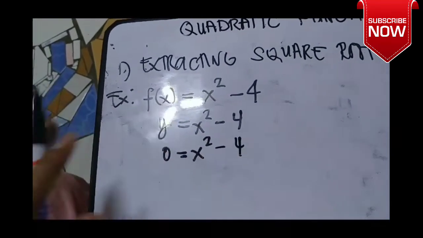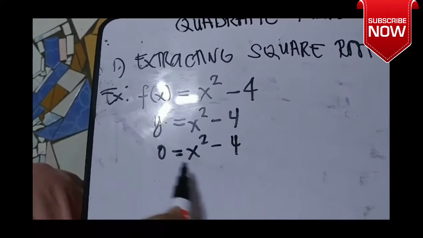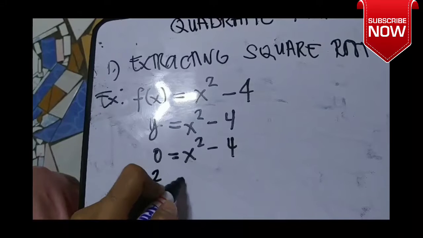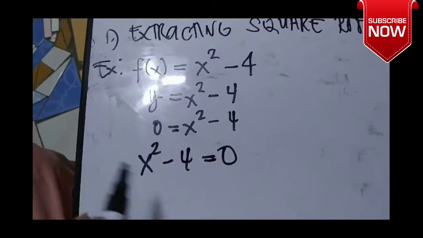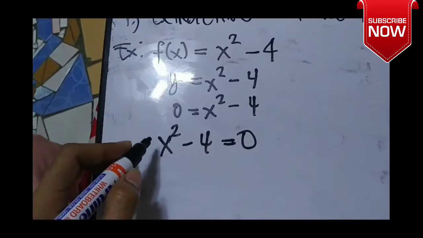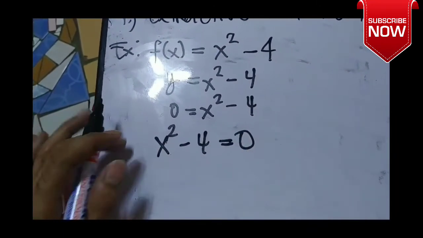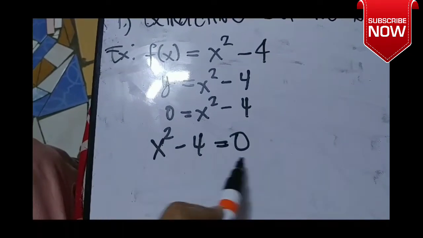Pwede rin nating pagpalitin yung terms sa left side and right side. So, pwede nating i-rewrite it ng x squared minus 4 is equal to 0. Depende kung saan kayo mas convenient. But for me, mas madali yung ganito. So, pag ganito na yung equation natin, kailangan nating i-transpose yung negative 4.